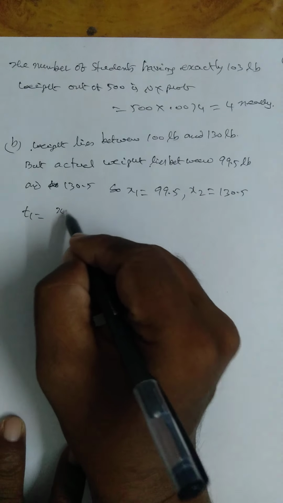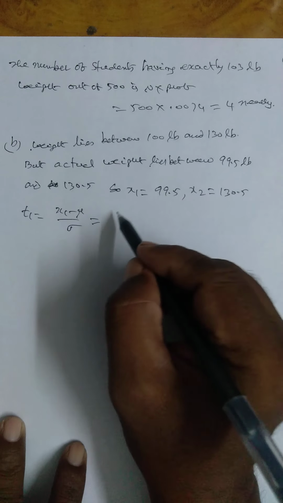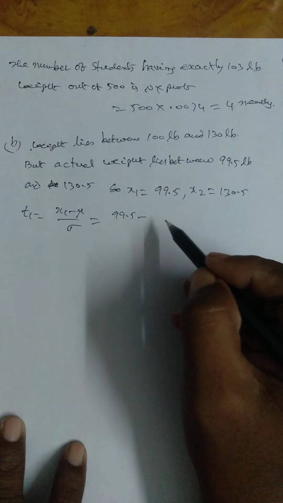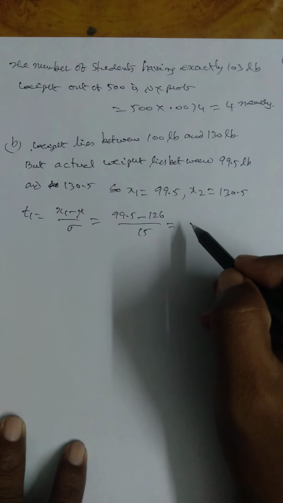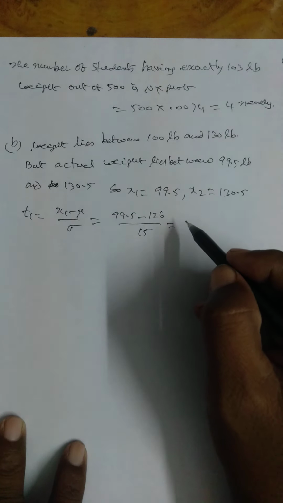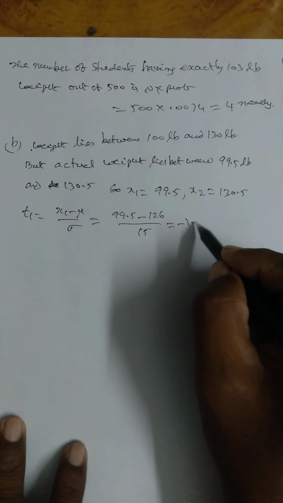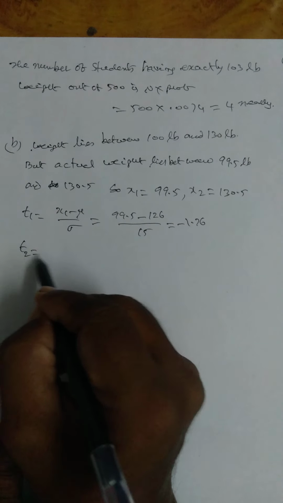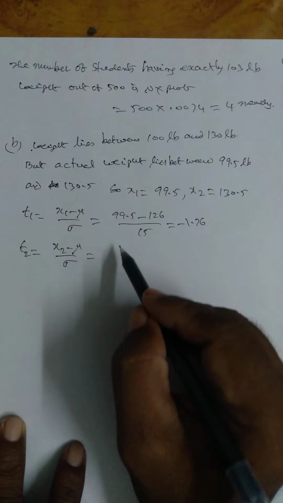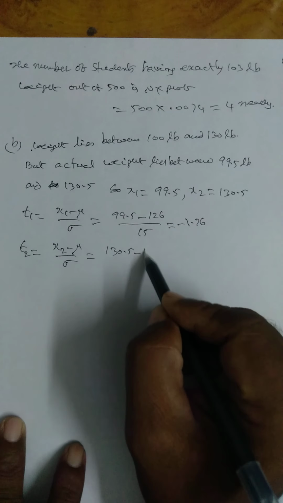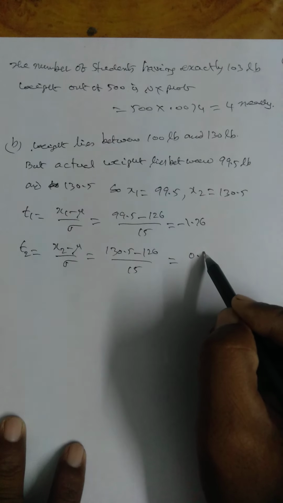T1 is (x1 minus mu) by sigma, (99.5 minus 126) by 15, is equal to minus 1.76. T2 is (x2 minus mu) by sigma, (130.5 minus 126) by 15, which is 0.3.